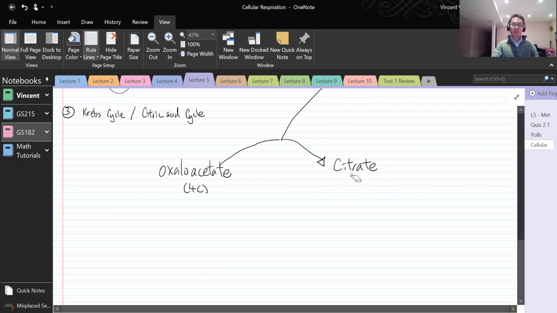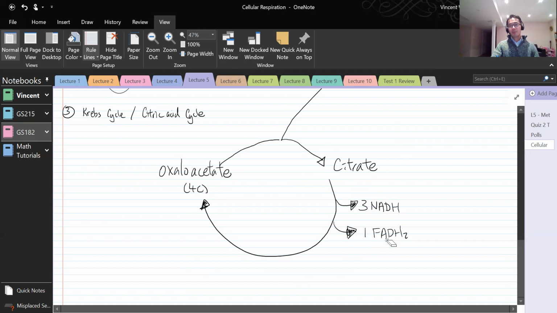Anyway, this is like that. It's the condensed version. The citrate is going to undergo a series of reactions that will eventually regenerate the oxaloacetate, and in doing so it's going to pump out a bunch of electrons. We want to capture them, so we will produce 3 NADH and 1 FADH2.